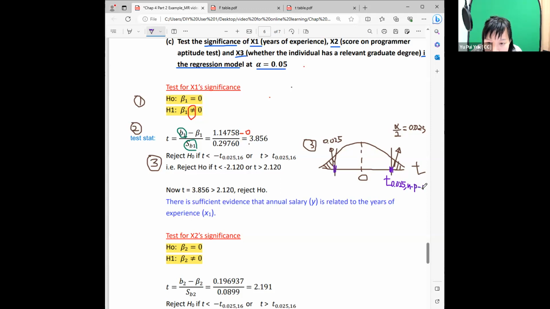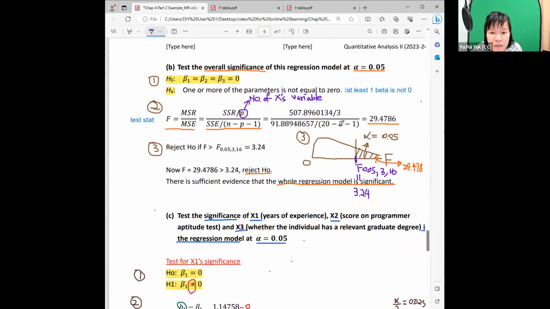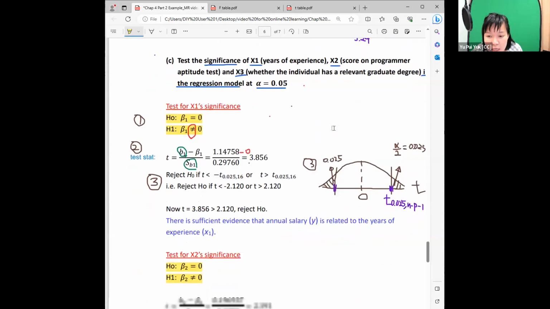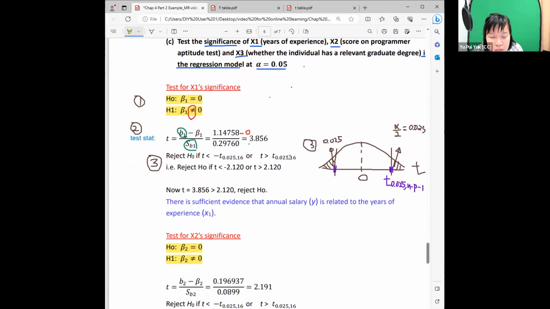So actually, we can just copy the value from the denominator in the F. So it's 16. You can see here the degree of freedom is 16.